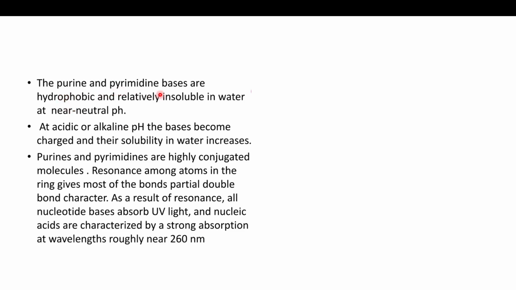Now, the purine and pyrimidine bases are hydrophobic and relatively insoluble in water at a near neutral pH. Okay. Now, when the pH either decreases, acidic, or increases or becomes alkaline, the bases become charged and their solubility in water increases. Okay, because there are nitrogen and oxygen residues on the bases.